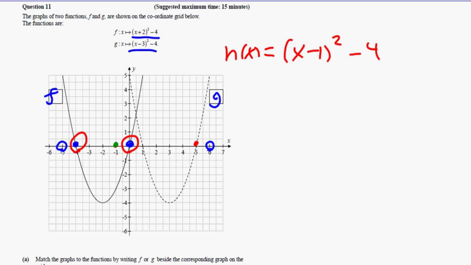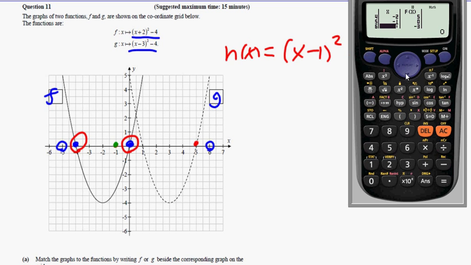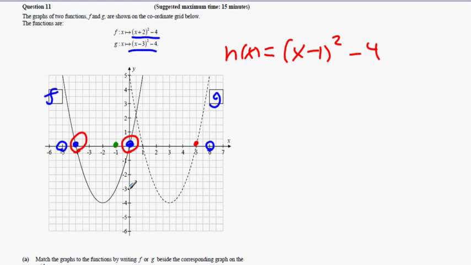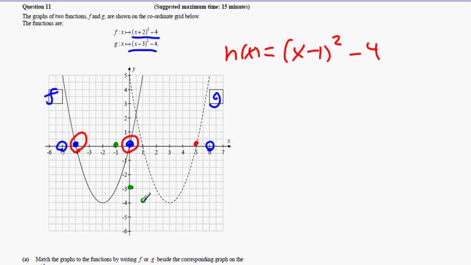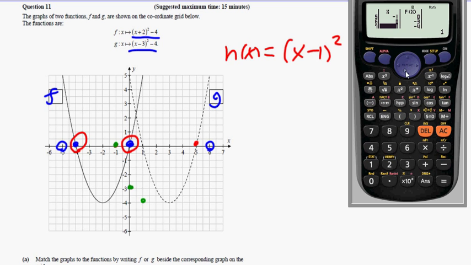Minus 1, 0. Next one after that, 0, minus 3 down here. After that, 1, minus 4 just down here. And then after that, we're going to get 2, minus 3, which is here.